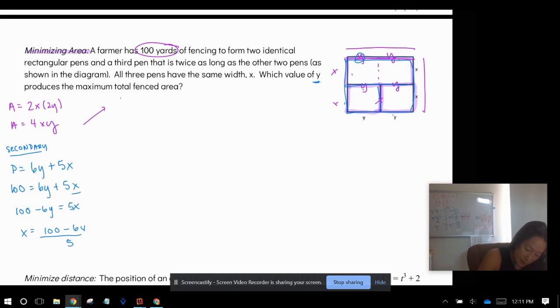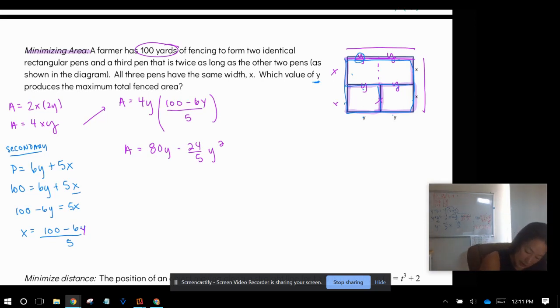So area is equal to 4, I'm going to put the y first, times 100 minus 6y, all over 5. And this reduces to 80y minus 24 over 5 y squared.